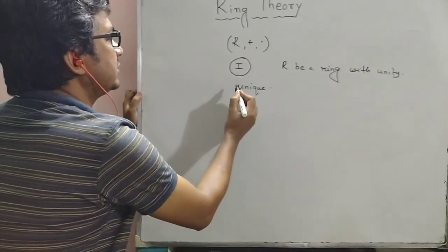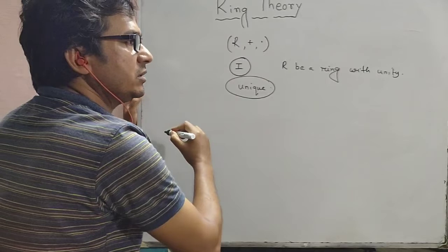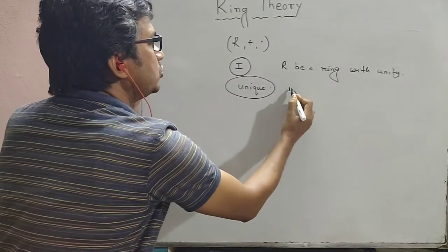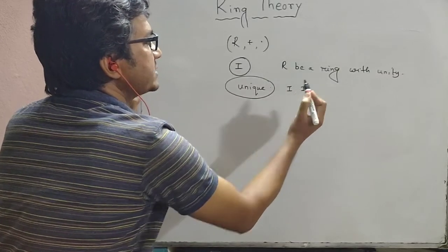Let, if not unique, then there exist two unities I and I dash.